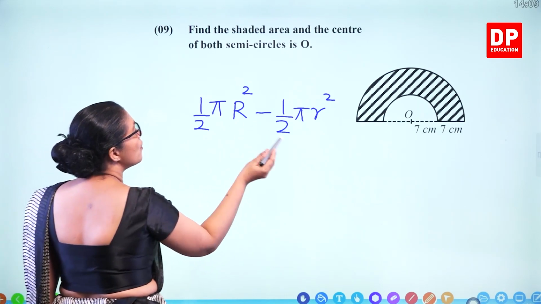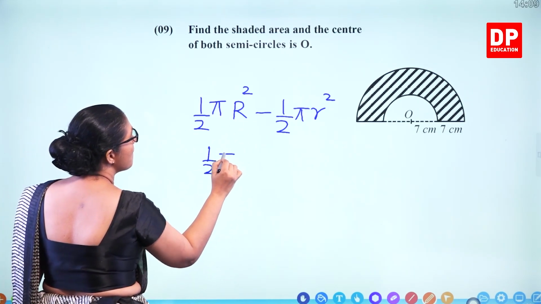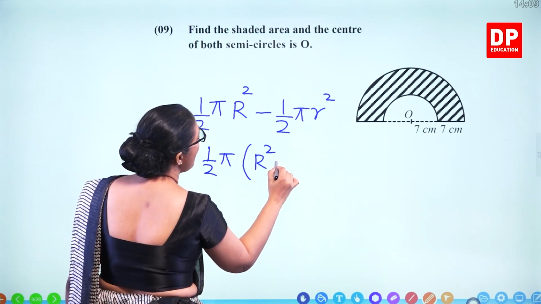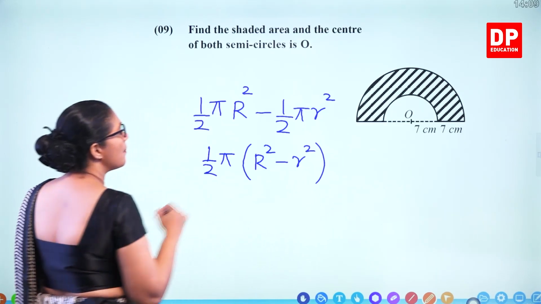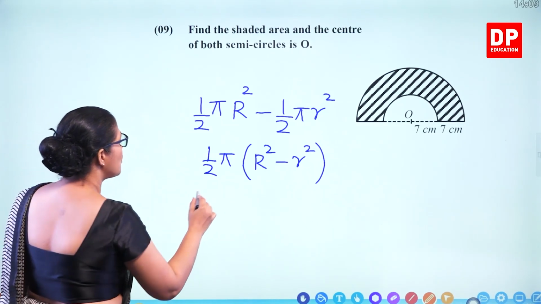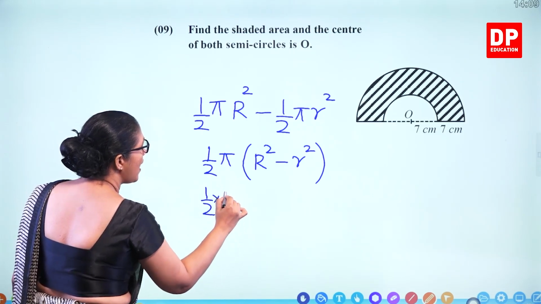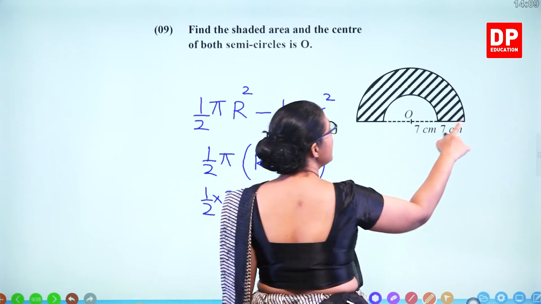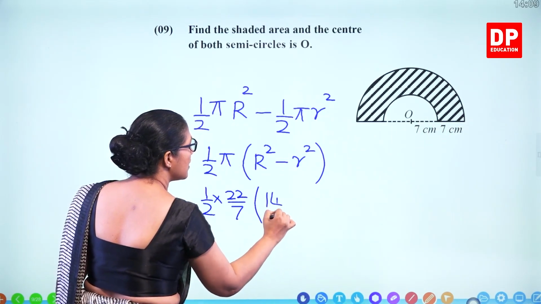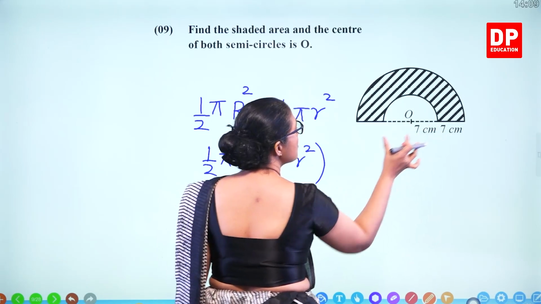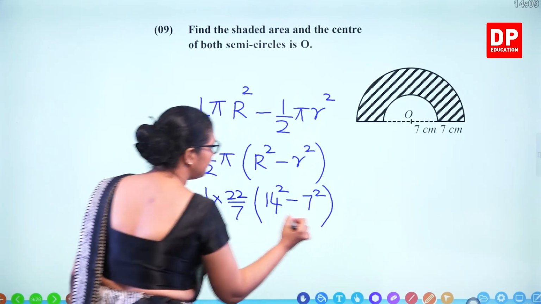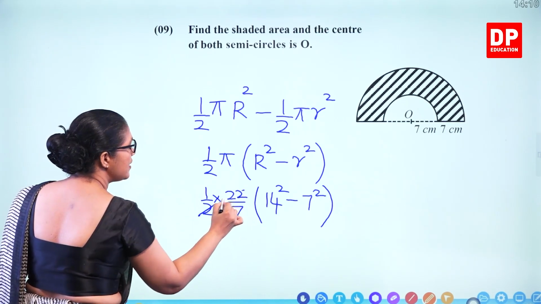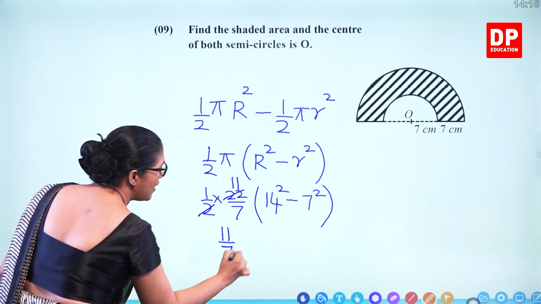radius. So half pi is common. Take it out. You can write R squared minus simple R squared. Now you can substitute half pi is 22/7. Capital R means the bigger radius. That's 14. Simple r means the smaller one. That's 7 squared. So you get here 2 and this you get 11/7.